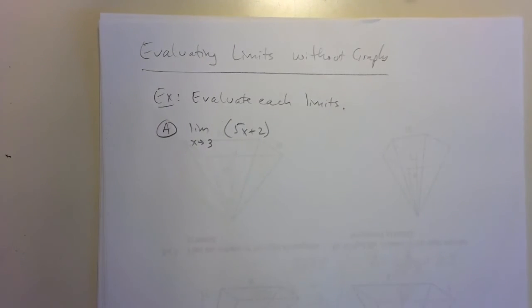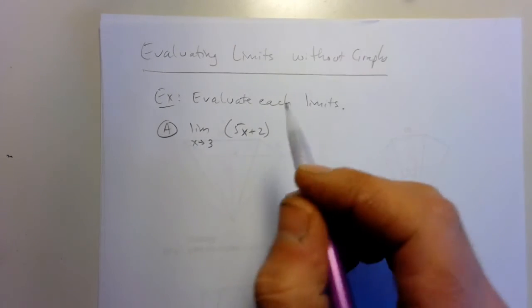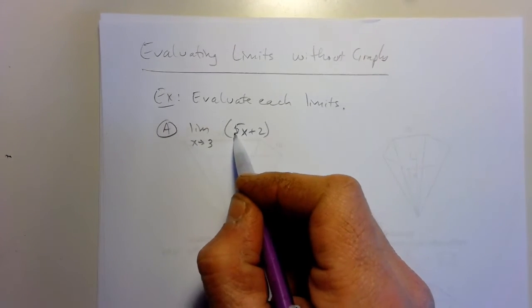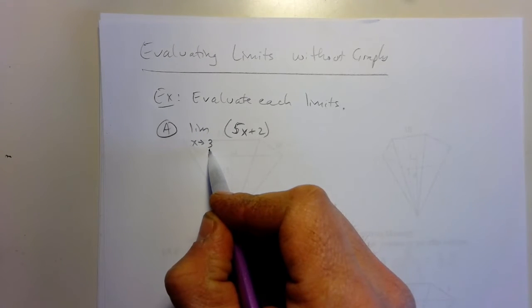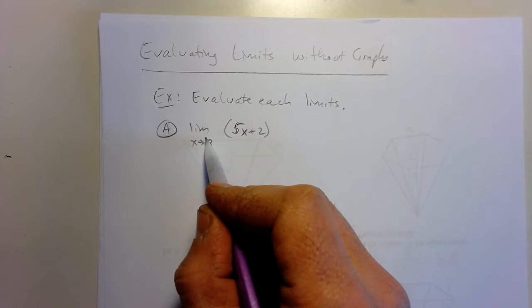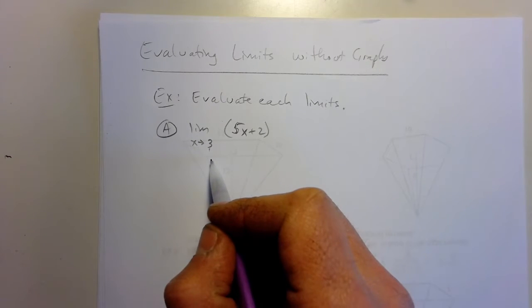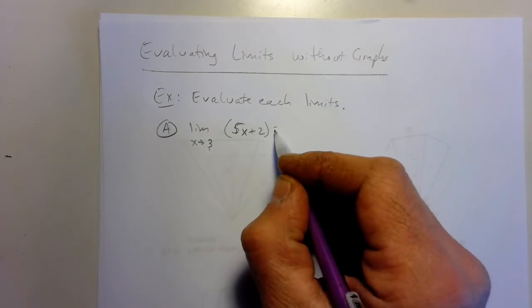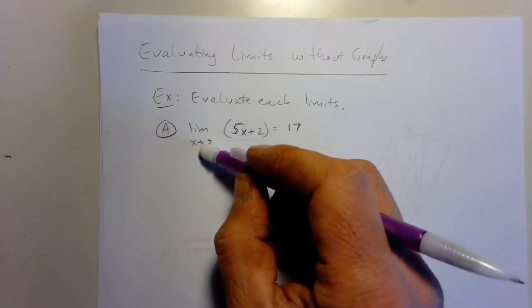If I'm thinking about what happens at 3, from the previous video we talked about that if nothing special happens for the function at the x value we're evaluating, this is a c value, just so we know, we can simply plug that in and evaluate our function, and we would get 17 for this one. We could create a table of values to verify that.